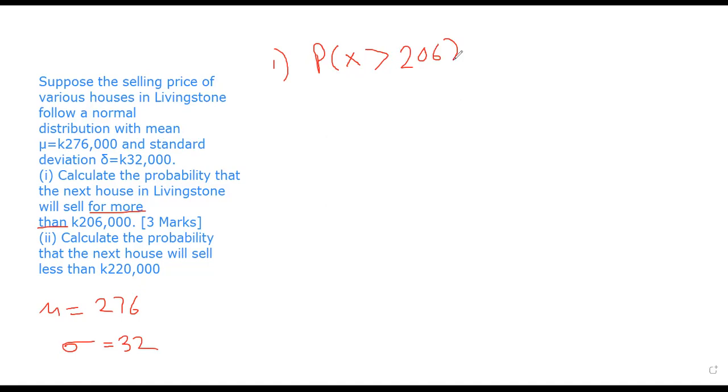So let's follow the 3 steps. Number 1, what are we going to do? Illustrate, right? So what is in the middle here? The mean. What is our mean?